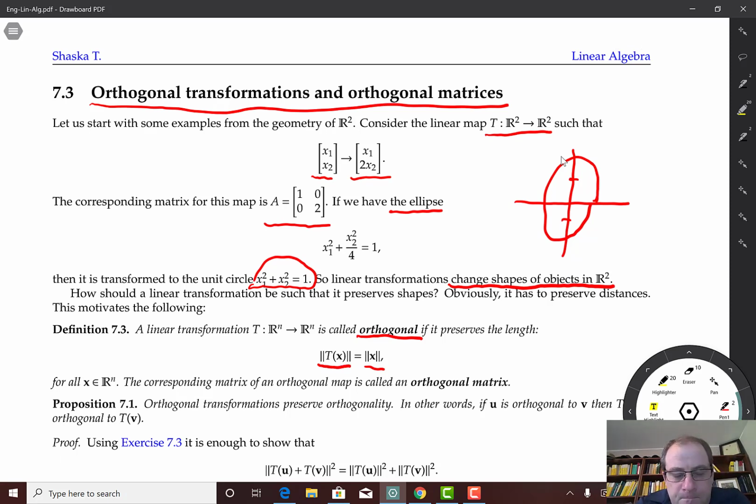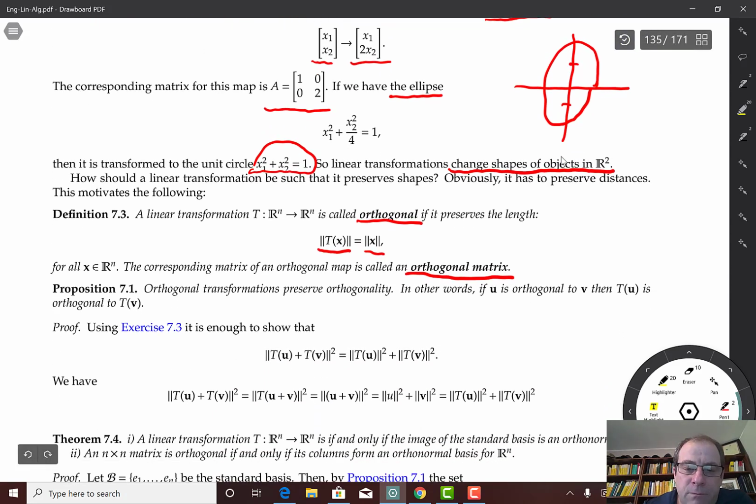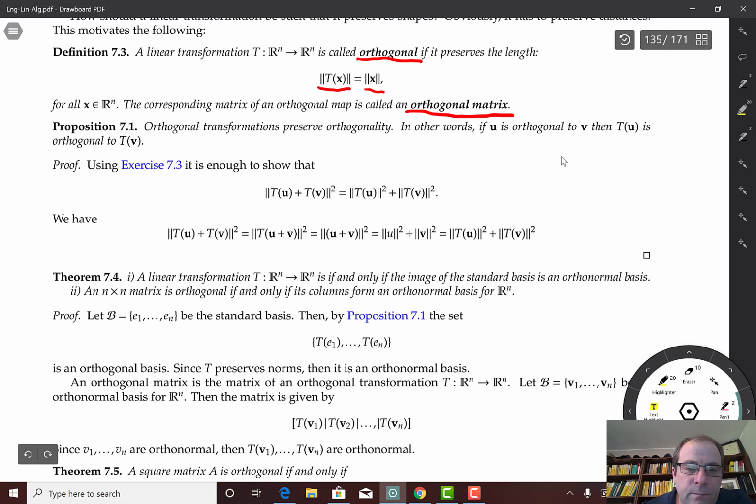The corresponding matrix for such linear orthogonal maps or transformations will be called an orthogonal matrix. Now the name might look a little bit strange, or it doesn't make sense at the moment, but you'll see why we do that.